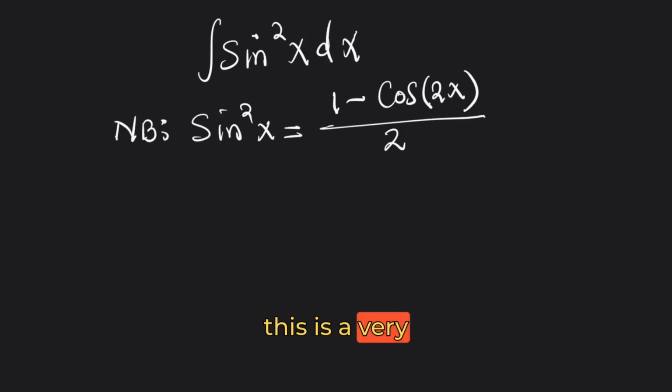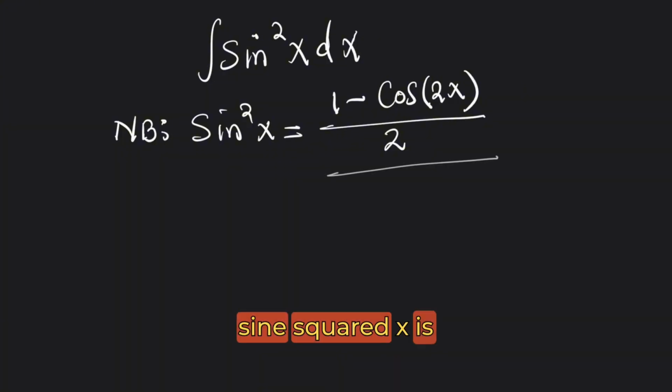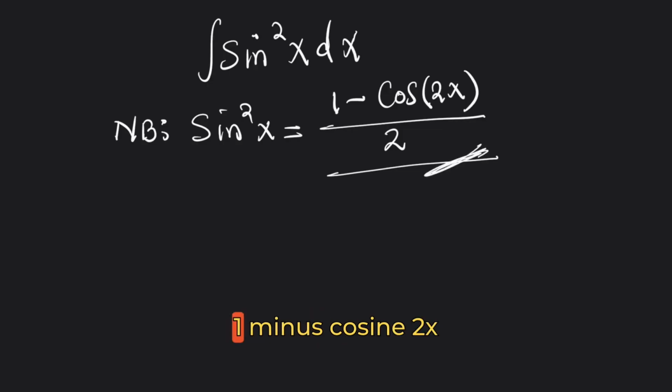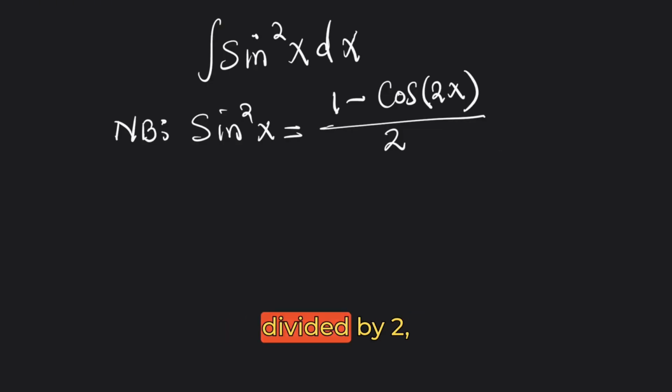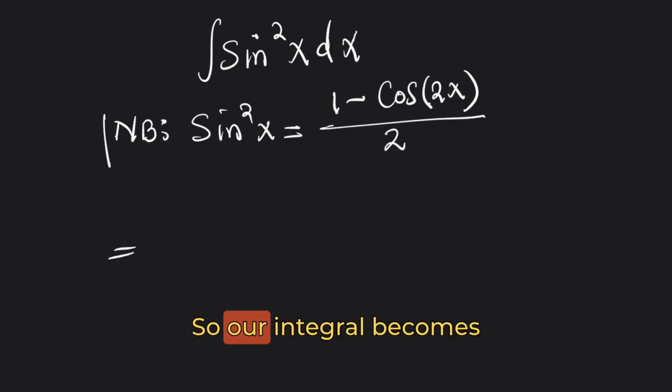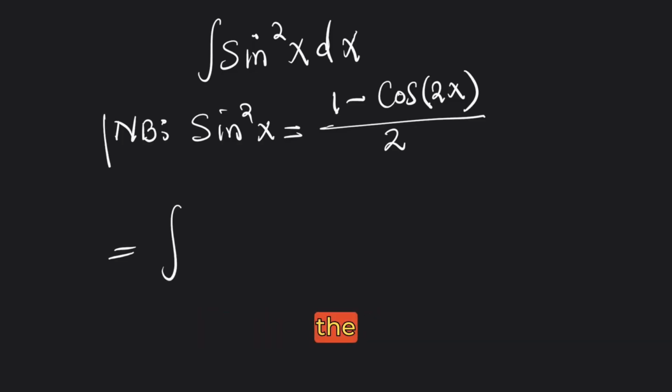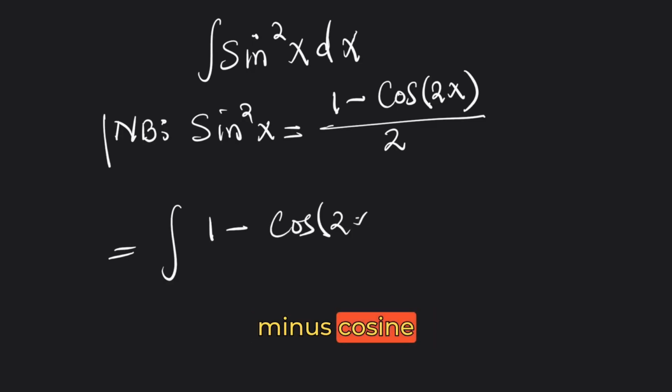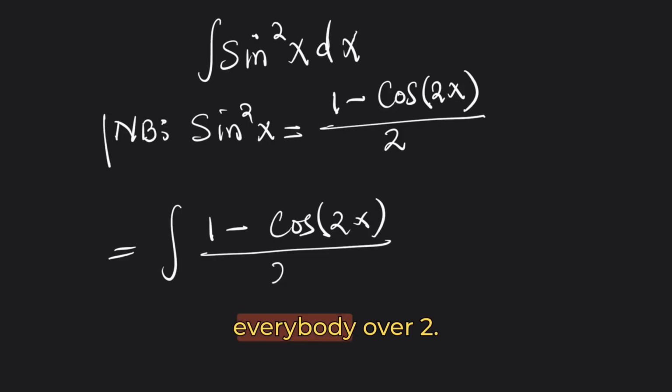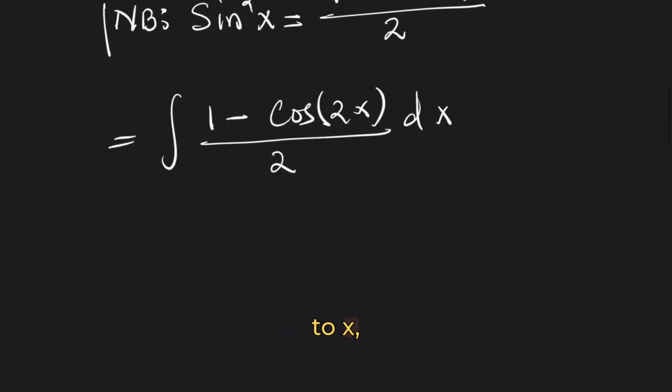Now this is a very simple problem. We use just this trig identity. We know that sine squared x is given by this expression, 1 minus cosine 2x divided by 2. So we just do the substitution. Our integral becomes the integral of 1 minus cosine 2x, everybody over 2, with respect to x.